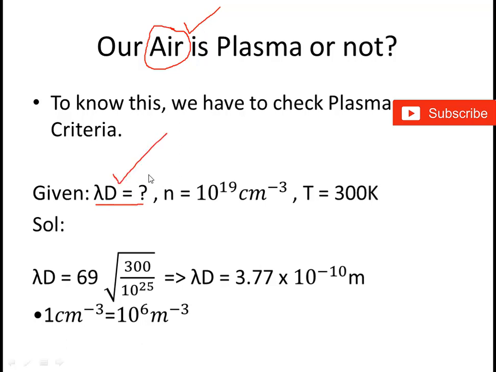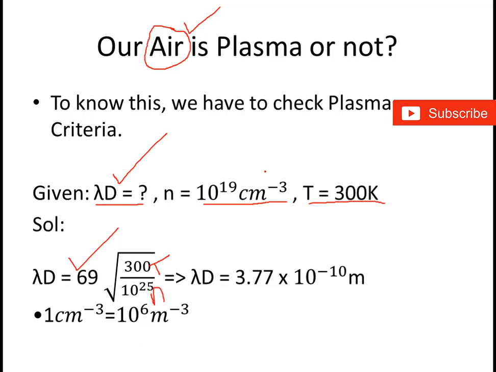So lambda d is basically the Debye length that has to be found, and n is given here. n is the number of particles, 10 raised to power 19 per centimeter cube. Temperature is about 300 Kelvin, and as we know the Debye length is approximately equal to 69. This one is temperature T and this one is small n.